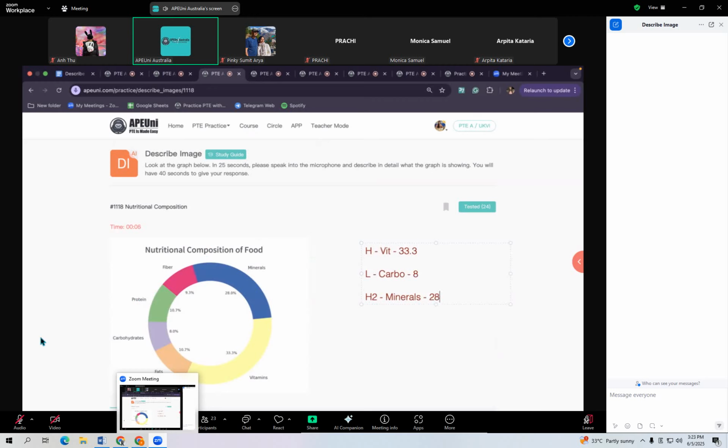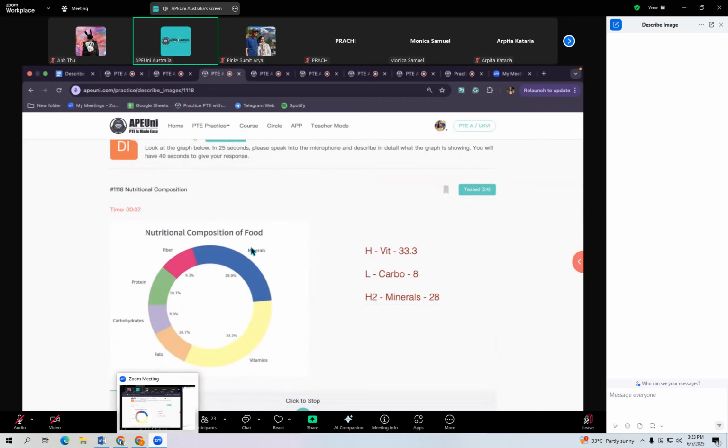It goes on. You don't even have to look for them anymore. You have your ready-made title. You have your labels. This is your highest one, lowest one, second highest one. This is your increasing, this is your decreasing. So after you mention your title and labels, you don't even need the image anymore. You can use your notes to continuously talk without any hesitation.